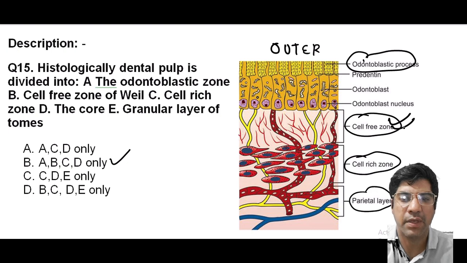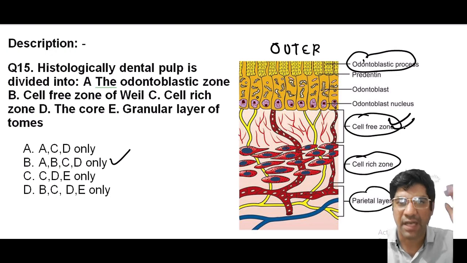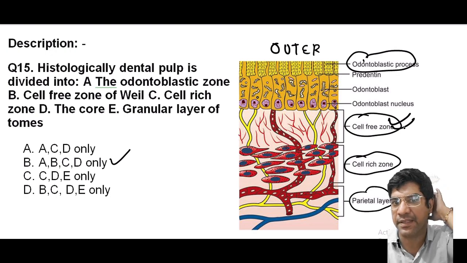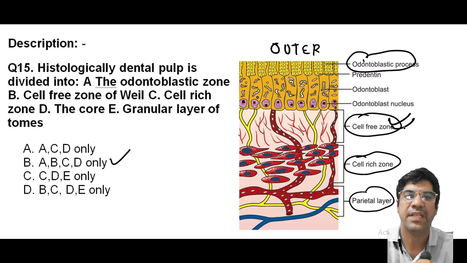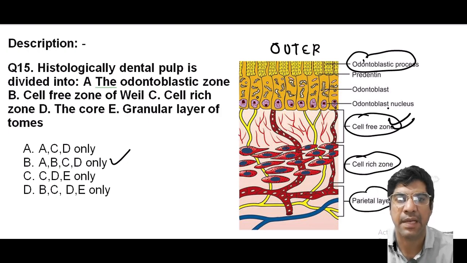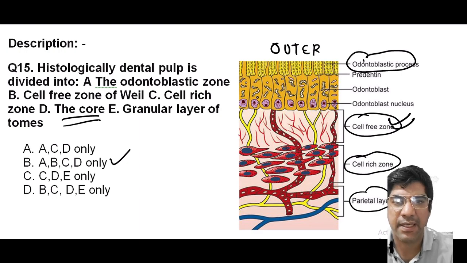The cell-rich zone is rich in cells. It is the region within the dental pulp that contains a higher concentration of cells, that is fibroblasts, immune cells, and undifferentiated mesenchymal cells. The core zone is the central region of the pulp. It contains blood vessels, nerves, and connective tissue.